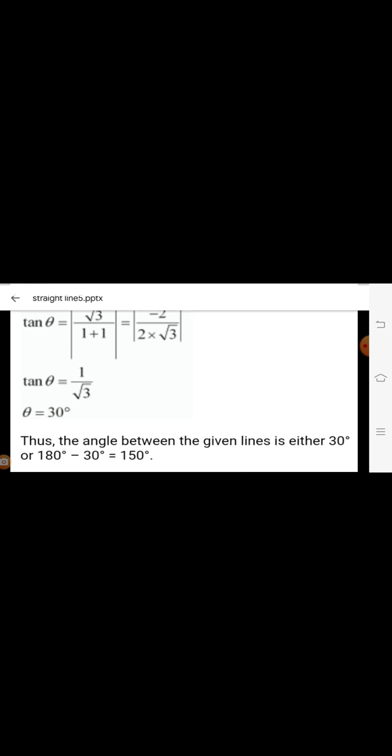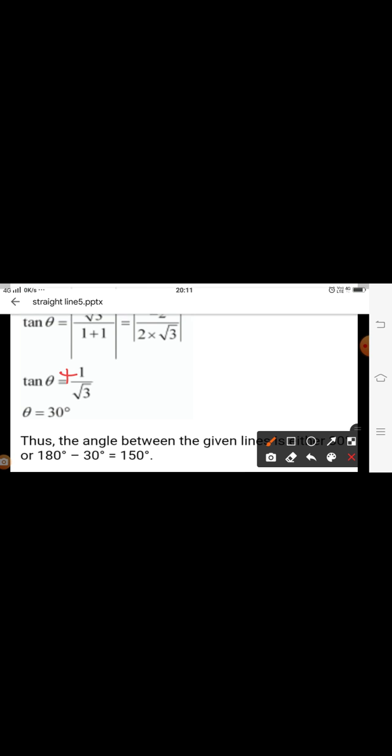If we get 1 upon root 3, it means that this value is plus minus 1 upon root 3, and if we consider plus 1 upon root 3, then we get the angle as 30 degree, and if we consider minus 1 upon root 3, then we get 150 degree.